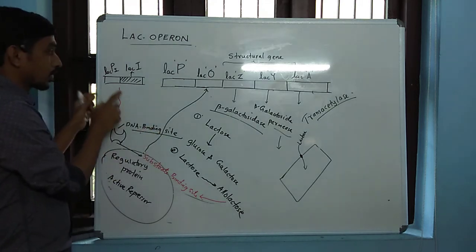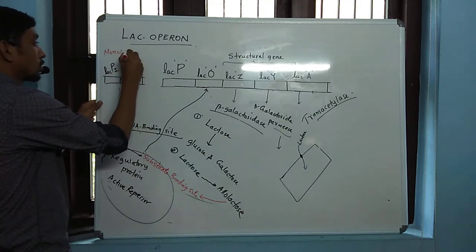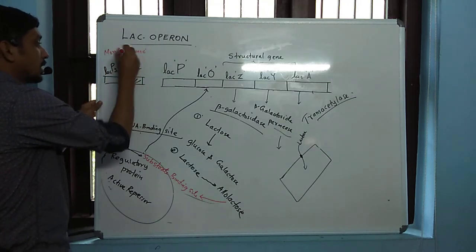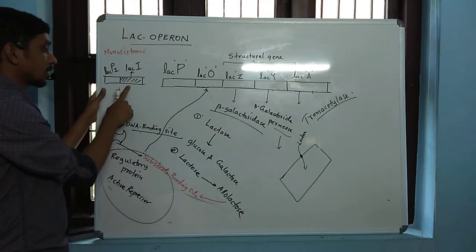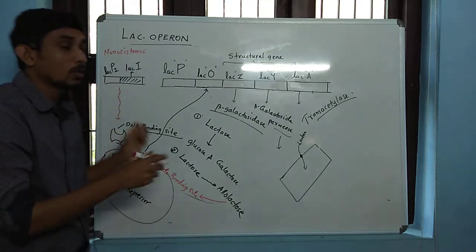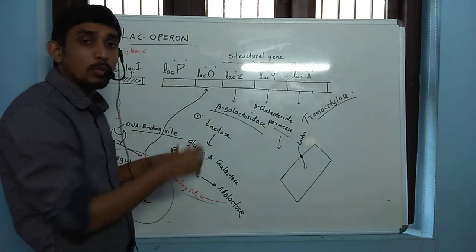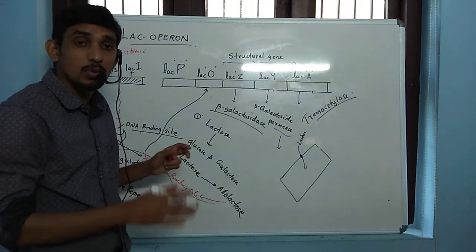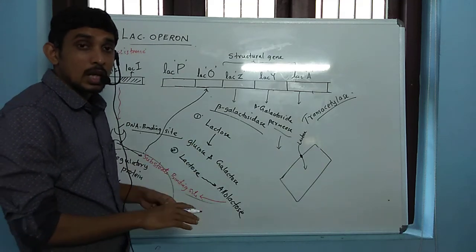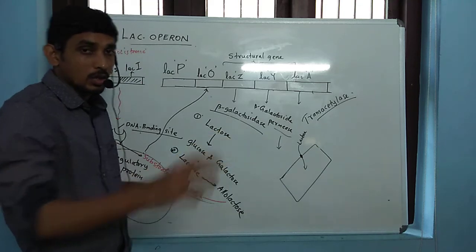So it's an example of a monocistronic gene. Whereas all operons like this lac operon are examples of polycistronic genes. Polycistronic means one promoter encodes more than one structural gene.